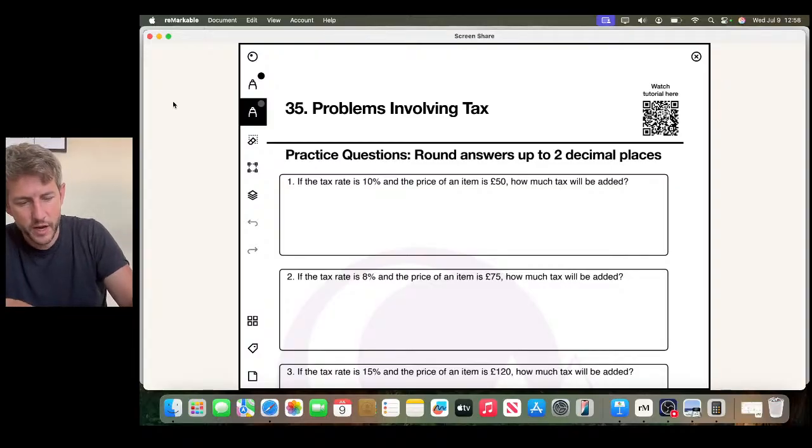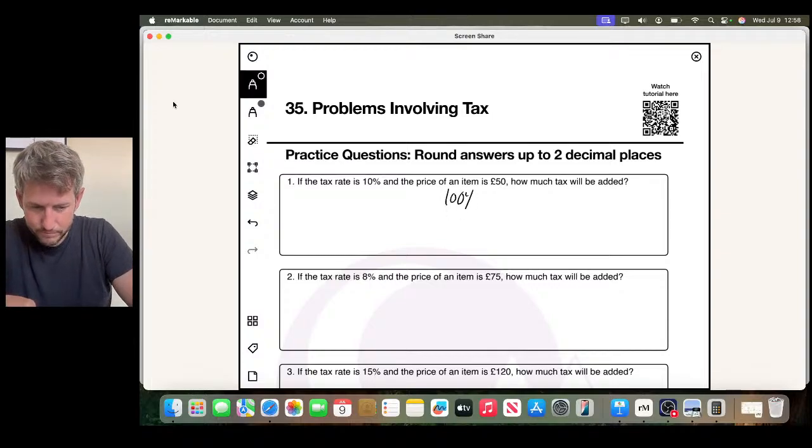So we just need to know if 100%, I'll start with non-calculator. 100% equals £50, so 10% equals £5.